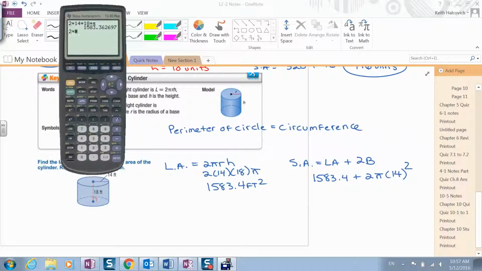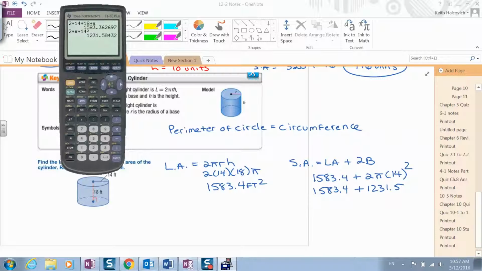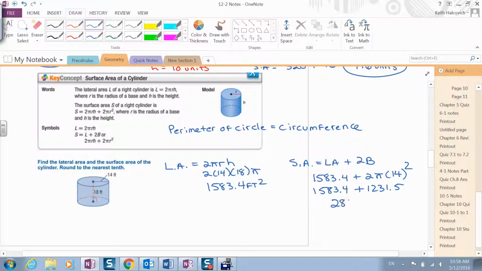Well, 2 times pi times 14 squared equals 1,231.5, plus 1,583.4 gives you 2,814.9 square feet.